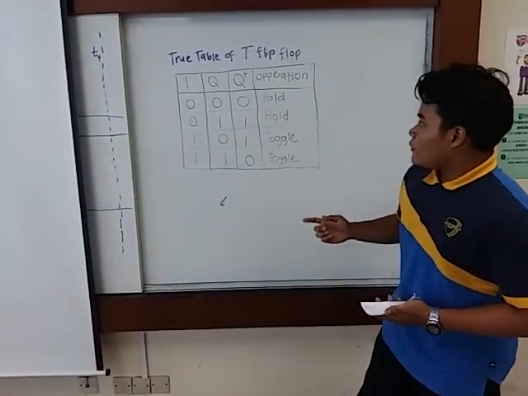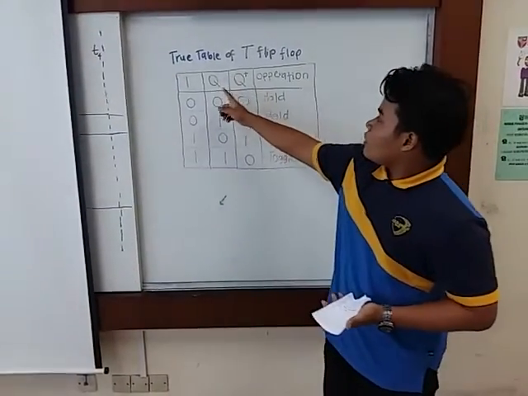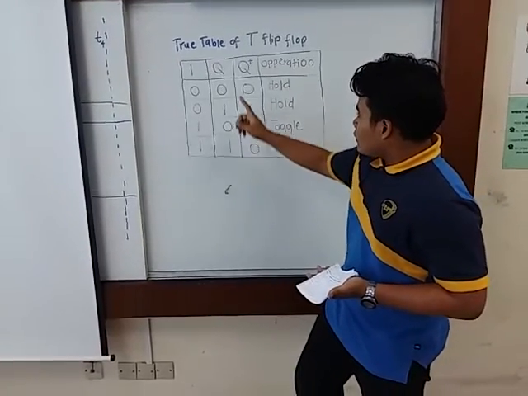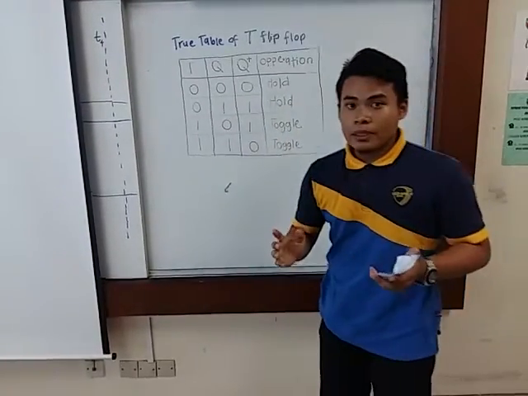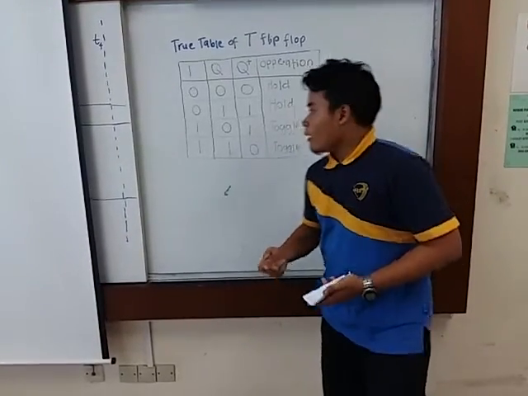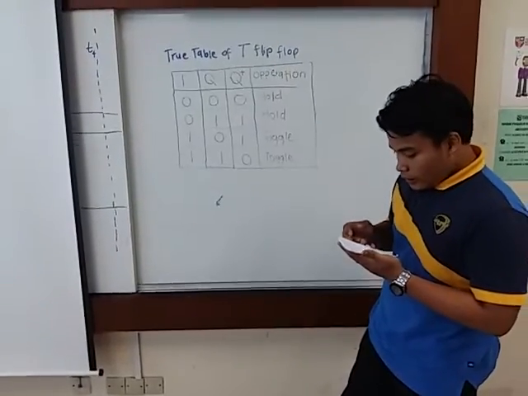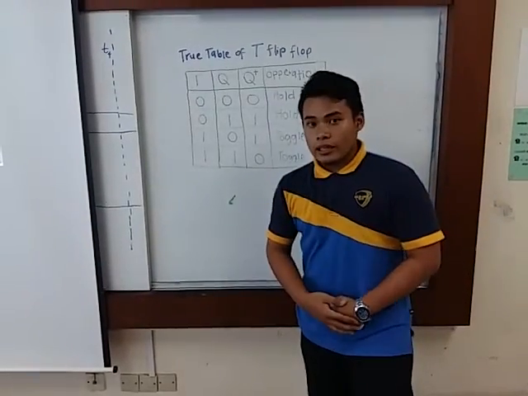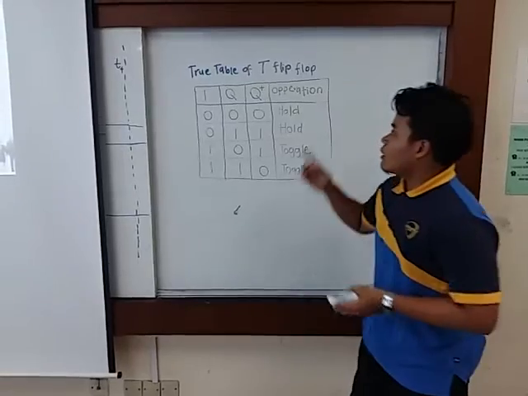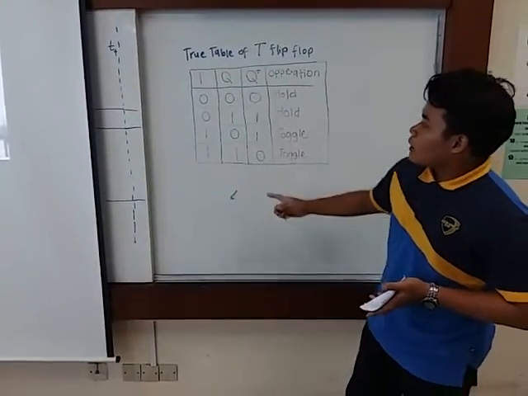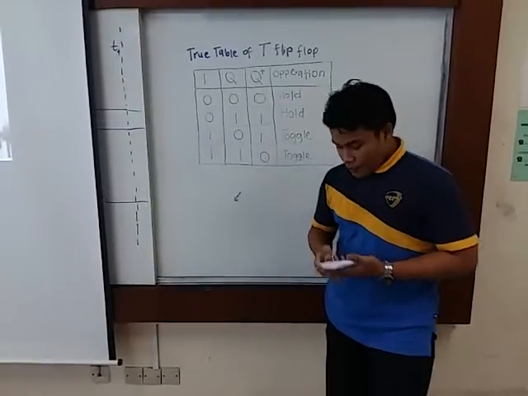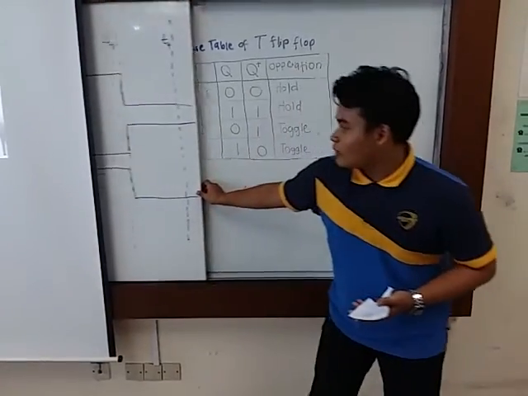Because if you look at the second column and the third column, the output is different, and the time is different. And for the XOR gate, there are usually two inputs, but in this T flip-flop, there is only one input. Okay, so we move to the graph, the diagram.